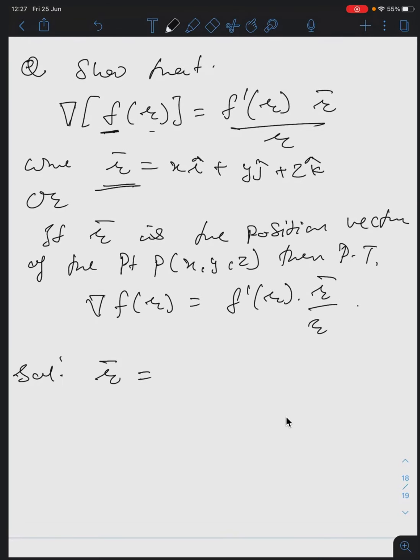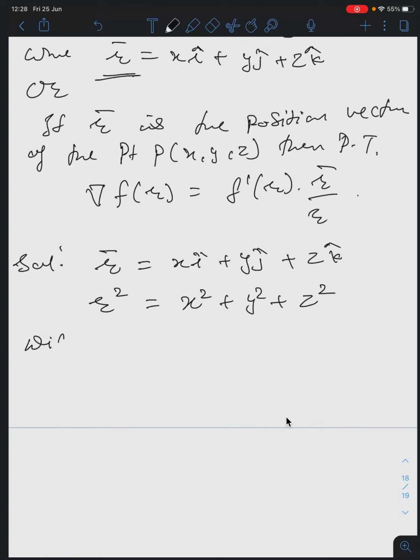So let us prove what they ask us to prove. You know r bar is xi cap plus yj cap plus zk cap. So can you tell me what should be r square? X square plus y square plus z square. Okay, r is the root of x square plus y square plus z square, so r square will be x square plus y square plus z square.